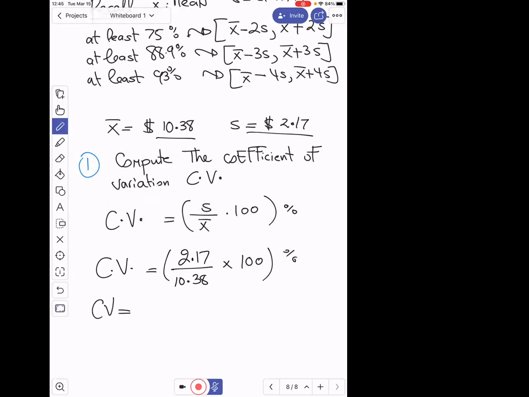That gives 0.20, times 100, percent. So the coefficient of variation is 20%.